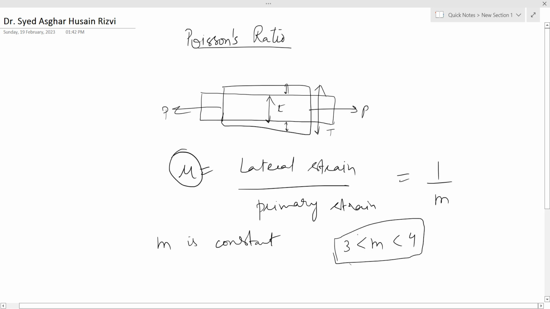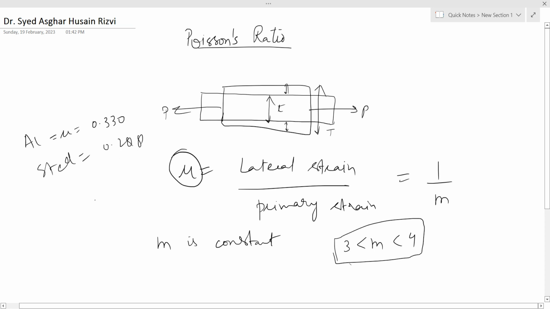For example, the Poisson's ratio for aluminium is mu equals 0.330, and for steel mu is 0.288.